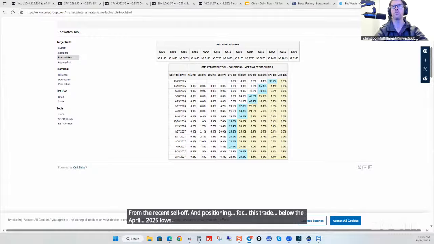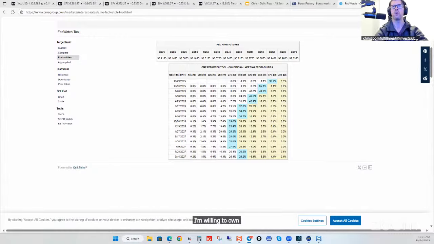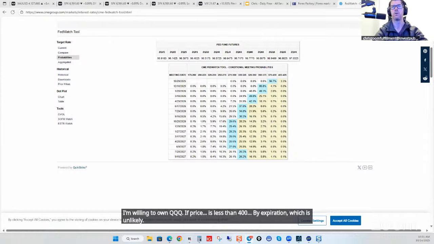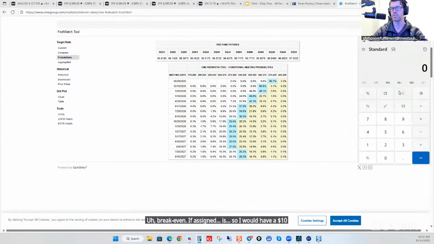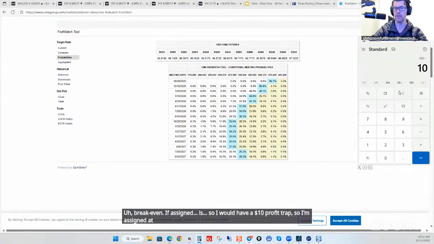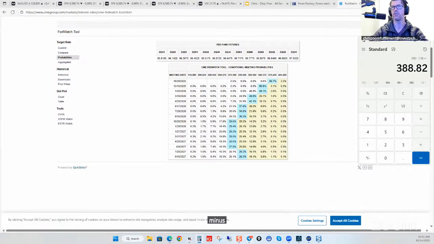I'm willing to own QQQ if price is less than 400 by expiration, which is unlikely. Break even, if assigned, with the $10 profit trap: I'm assigned at 400, minus 10, minus $1.18, is 388.82.